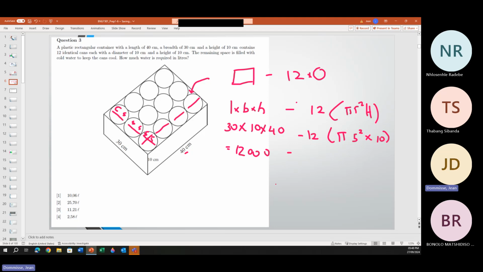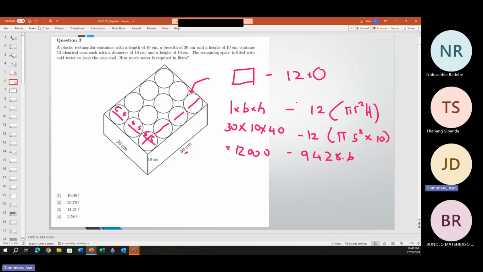So if we subtract that, it is pi times 25 times 10 times 12. So I get that we're going to subtract 9428.6.